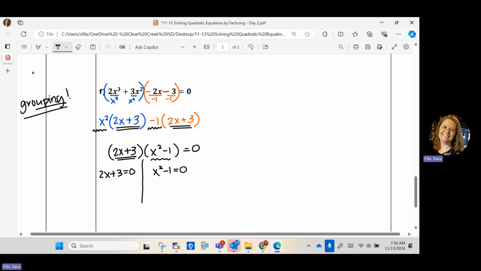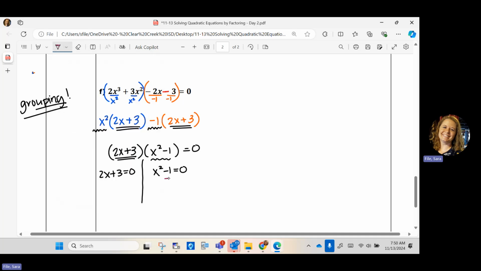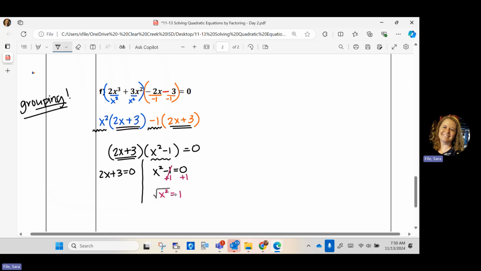Now the last time we had x squared plus 1 on the front, I showed you difference of squares factoring. So this time I'll just show you I can solve this by isolating the x. And then I would have to take the square root, and when I take the square root as a step in solving, I have to remember that plus or minus. So I get positive and -1, because the square root of 1 is 1, right?